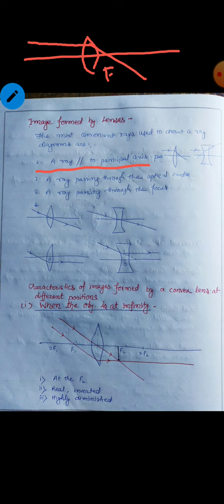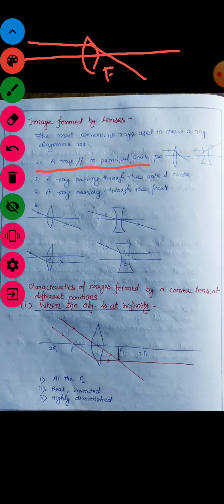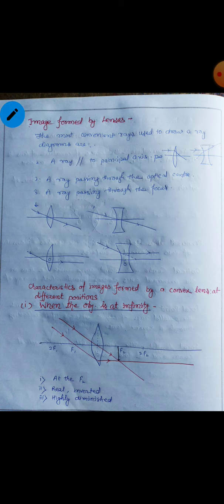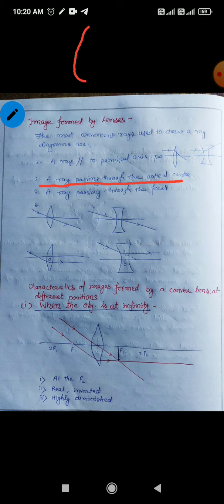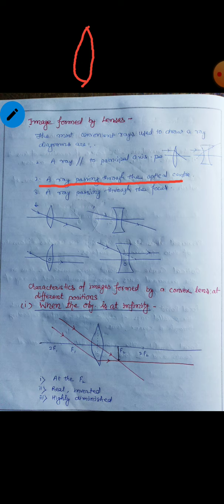Second ray which we should know is a ray passing through the optical center. Students, the ray which passes through the optical center does not get deviated.